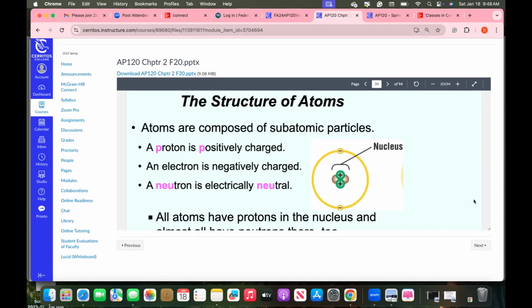Proton, positively, they're both P's. So proton is positive. An electron is negatively charged. Here's my electron out here on the outside. And a neutron, NEU, is neutral, meaning they don't have any charges. They're not positive or negative, they're just neutral. Okay.